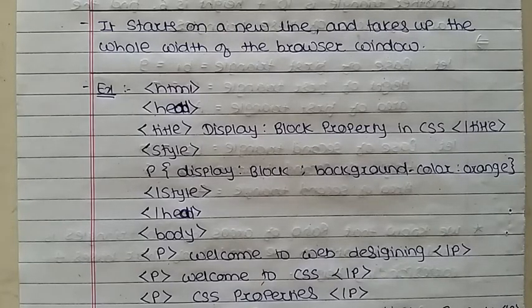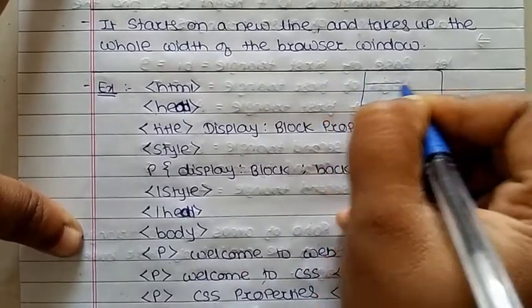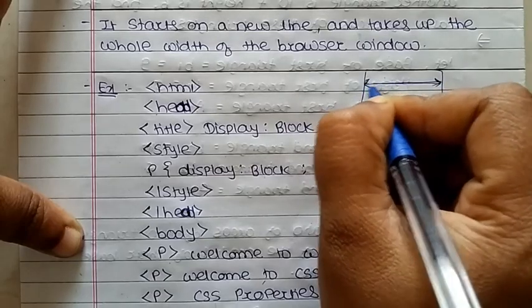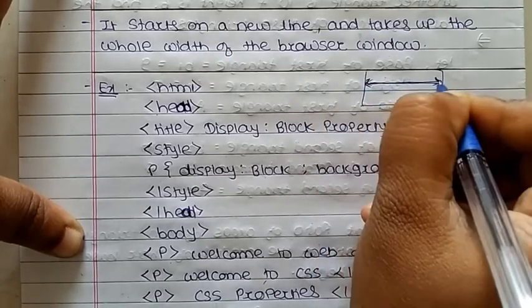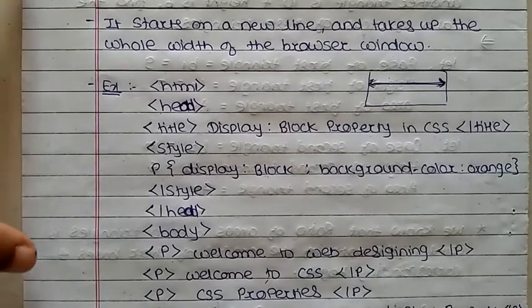It starts a new line and takes up the whole width of the browser window. Browser window width means, suppose this is your browser window, it holds the total width of your browser window, and according to that width the text is printed.